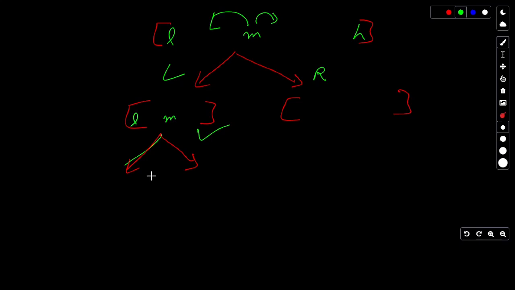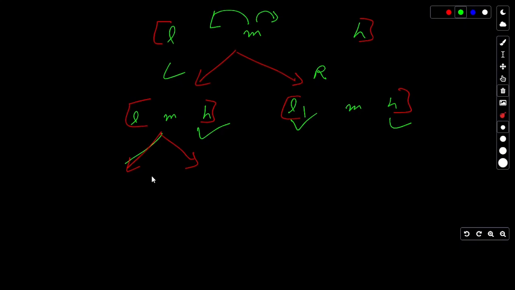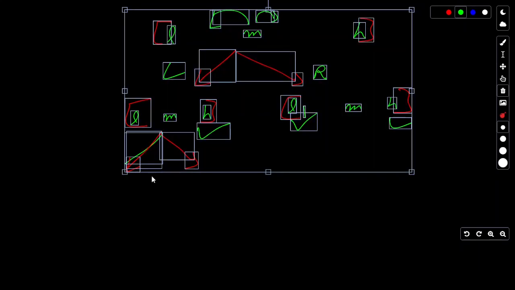We will take a mid, a low, and a high, and keep doing the same thing again and again until we find the value of the target at mid, or at low or high. Yes, so that's it.